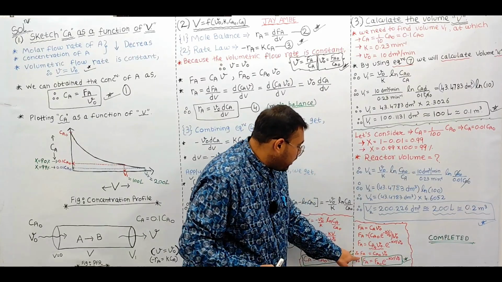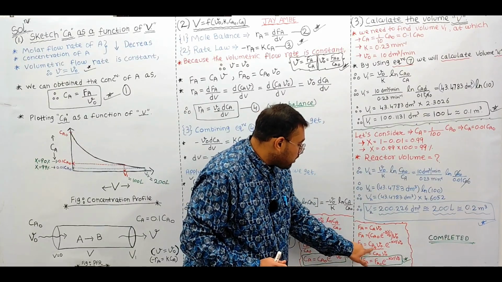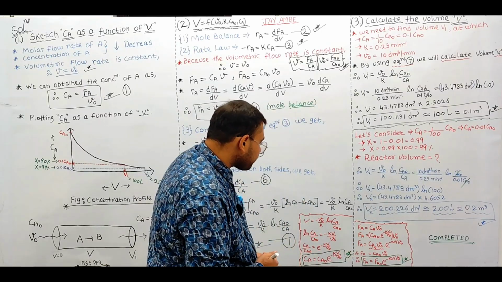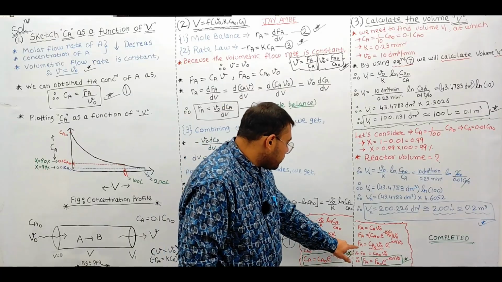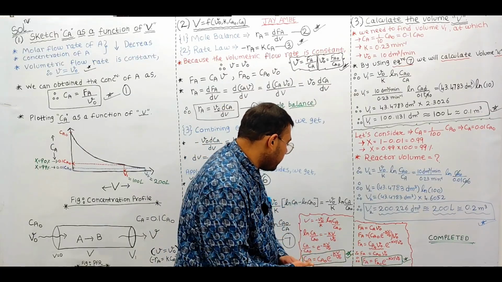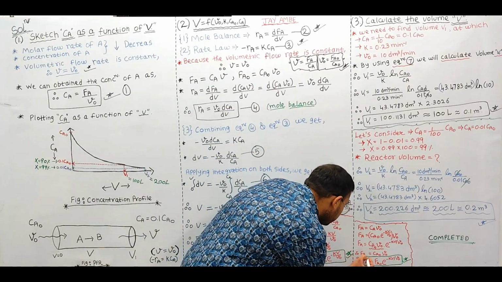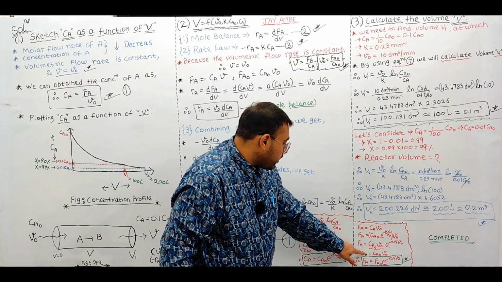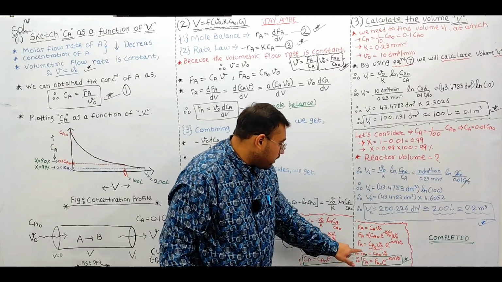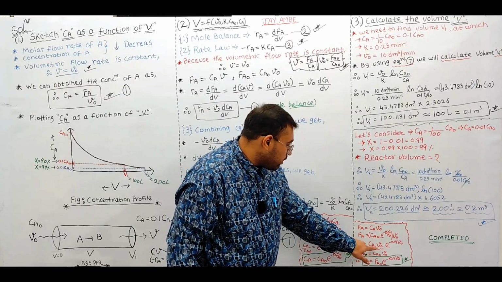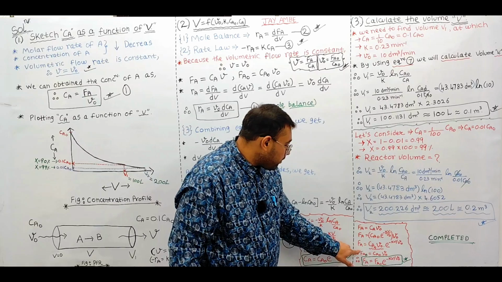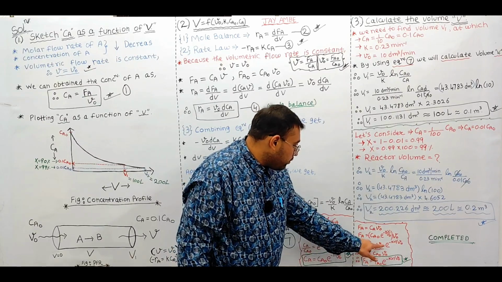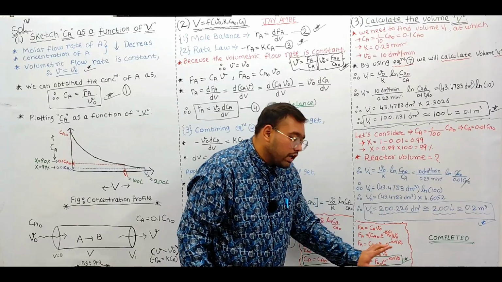Ca naught into nu naught is Fa naught, because Fa naught is equivalent to Ca naught into nu naught. So Fa is equivalent to Fa naught into e raised to minus Kv by nu naught.